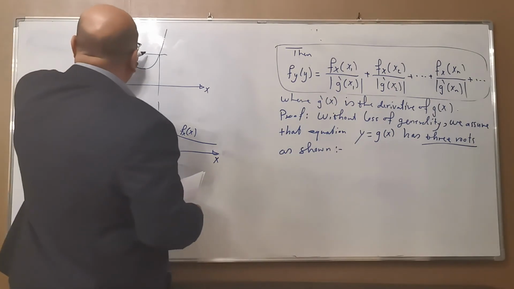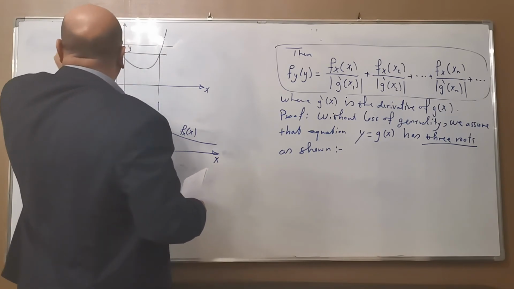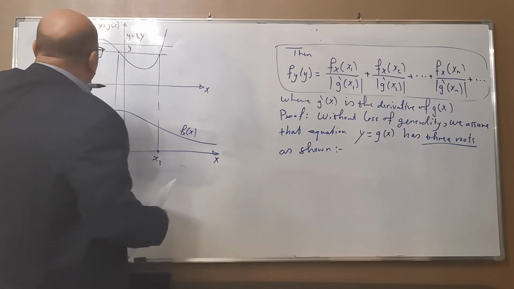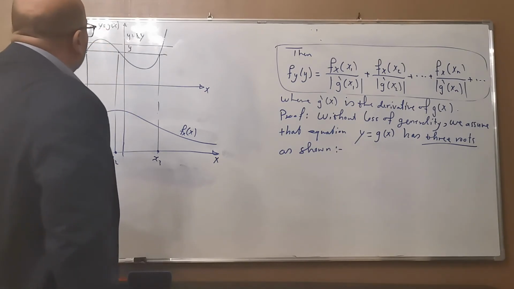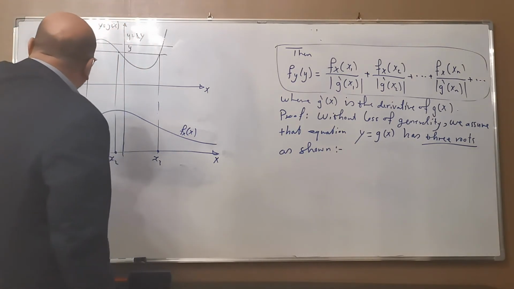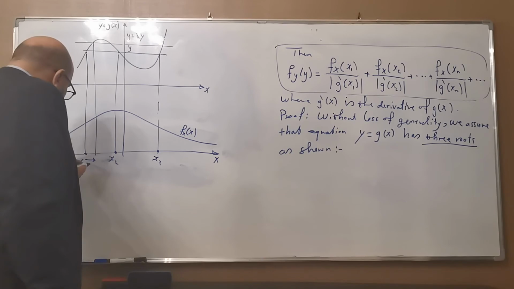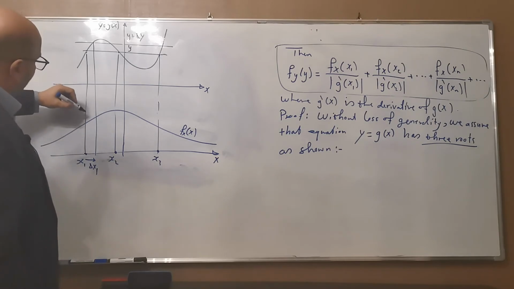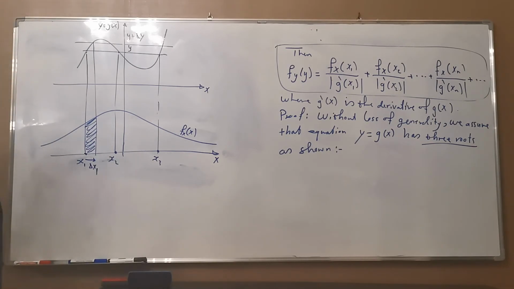And I'm gonna say that if I move this y to y plus delta y, so if you move by an infinitesimal length of y up in this direction, then you will have x1 moved in this direction. So this is delta x1, and you can see that this is the area underneath this one here.